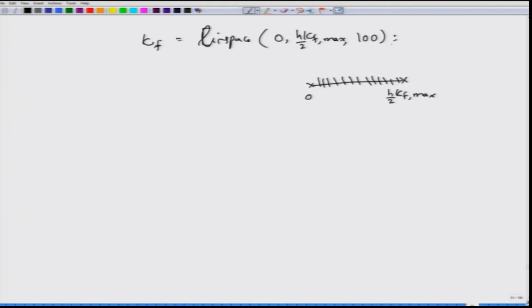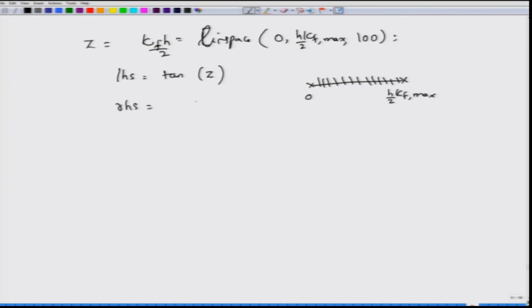This can be done numerically, and then you numerically obtain the LHS, which is basically tan of kappa f h by 2. You can give a variable, say z equals kappa f h by 2. In that case, you are simply calling this routine in whatever language you have as tan z. Similarly, what would be the right hand side?